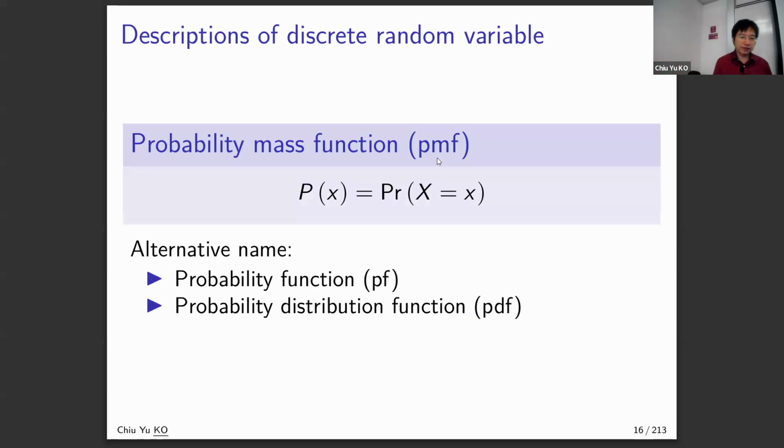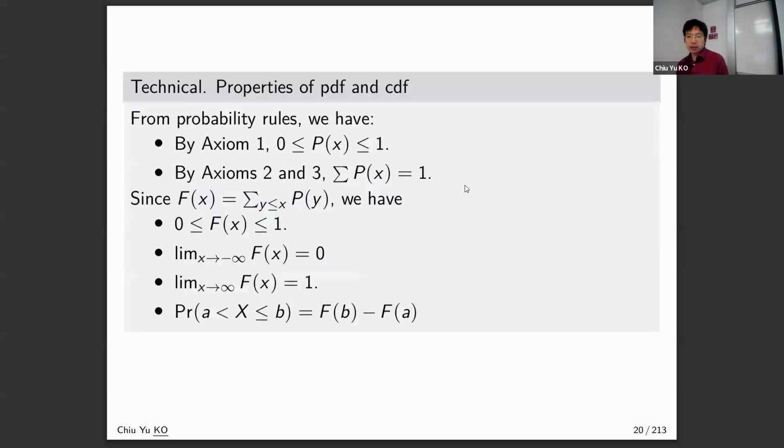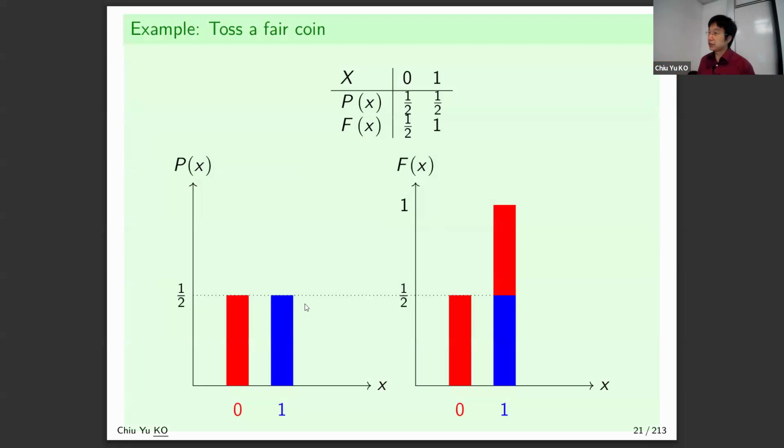That gives us the bar graph we have here. The left-hand side is the bar whose height is the probability, the big P. We also learned the big F is a way to describe the same thing. It's not just the probability of the random variable equal to that value, but the probability of less than or equal to it. It will be clear when we talk about continuous today, because basically it's just stacking.